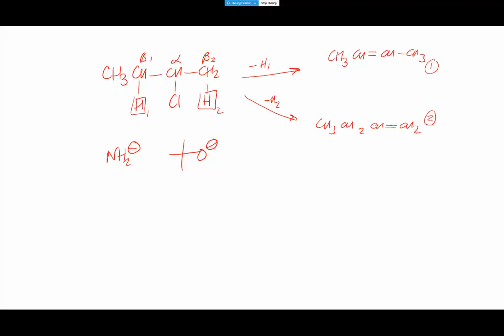What's their difference? So I've got a big sterically hindered base and a small base. So what?